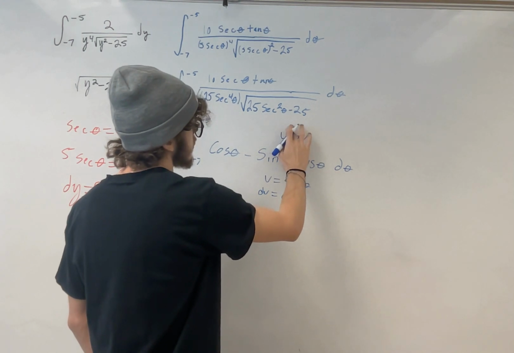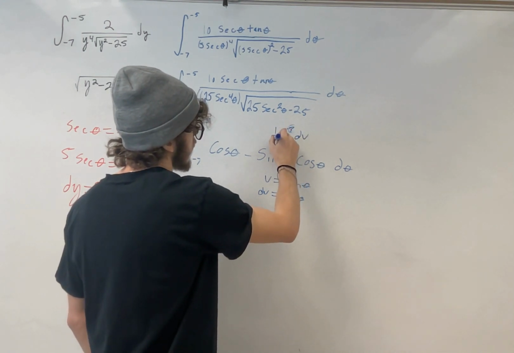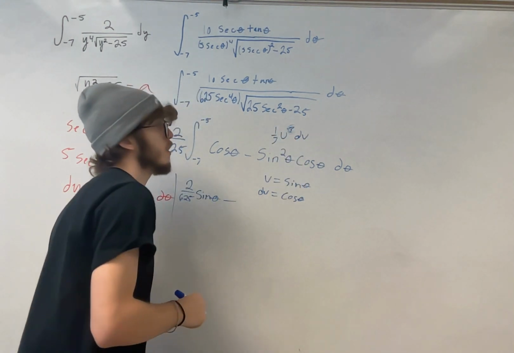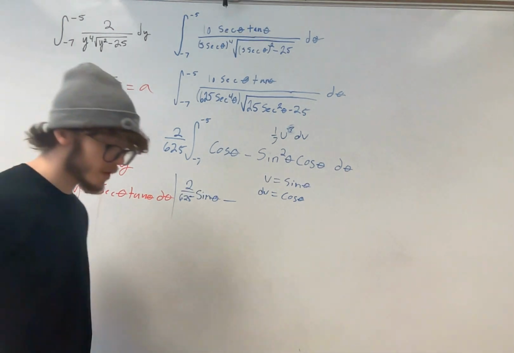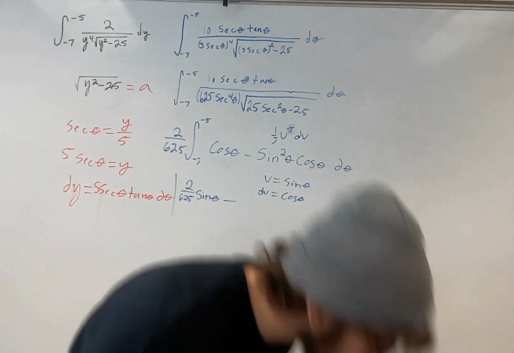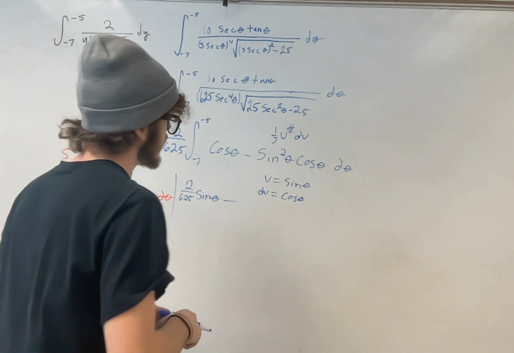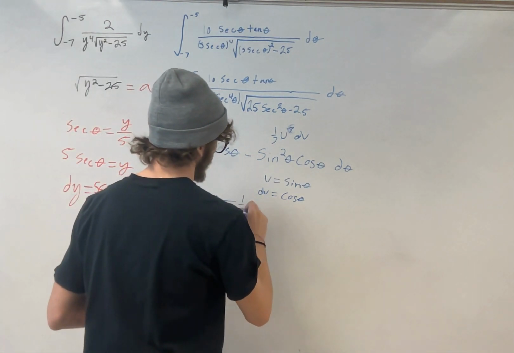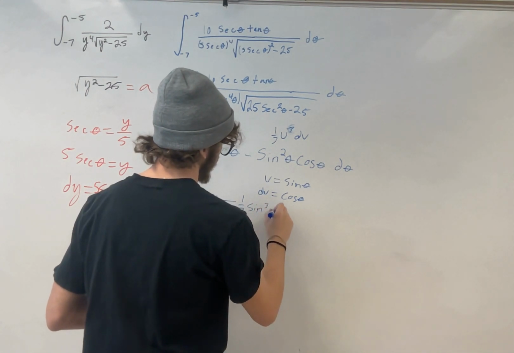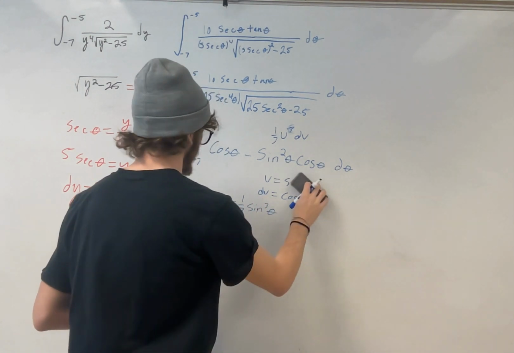We're going to do the simple inverse power rule, and we're going to see that it's 1/3 u to the third. Hopefully, if you're at this point in your calculus career, you know how to do simple integration ideas. So this is going to be 1/3 sine to the third of theta, okay?